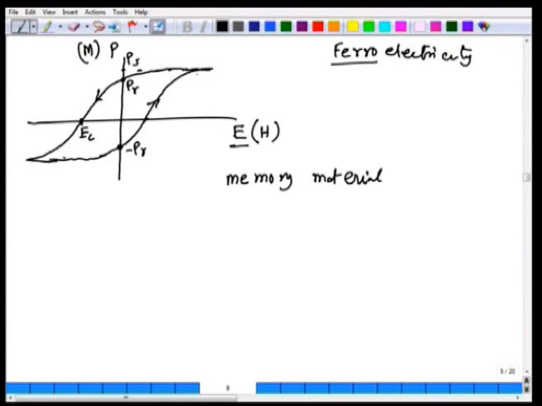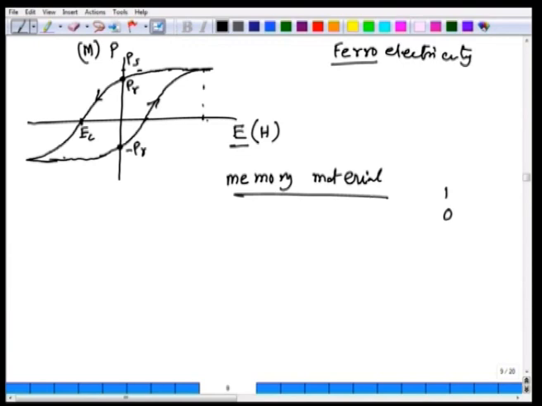If you apply electric field up to here, for example, and then remove it, you will have this PR, call it bit 1. If you want to create bit 0, apply electric field up to this extent right here, and then remove that field; you would have written minus PR, let us call that 0. Hence you can write 1 or 0 on it, and this could be a good memory material.